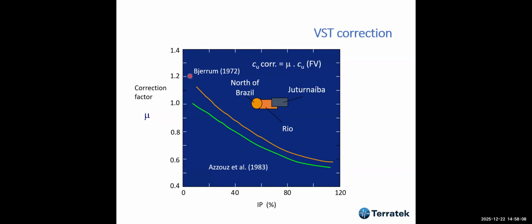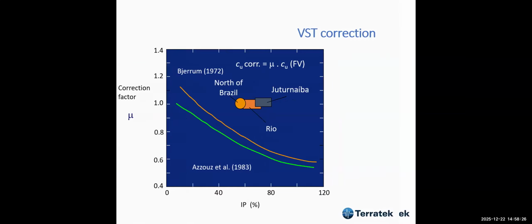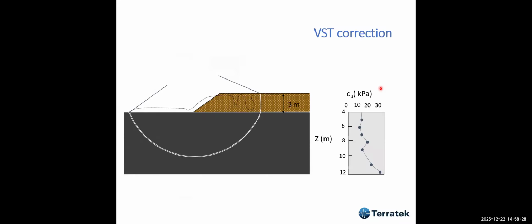Bjerrum, who published his ideas in 1972, proposed a correction of about 0.7. In the beginning, we carried out 3 or 4 experiments, and we didn't find the need to carry out a correction like this. Okay, this was 1976, and I'm going to tell you about the experiments.